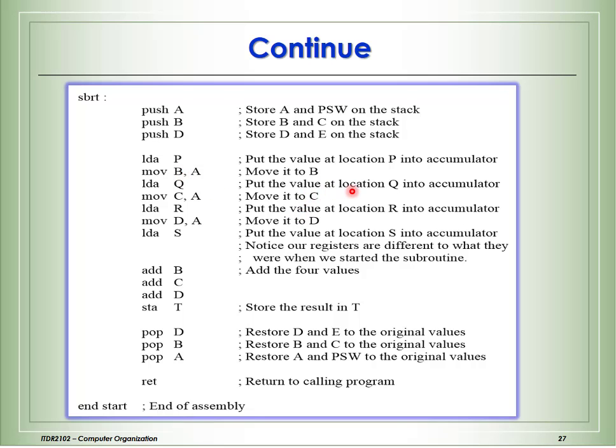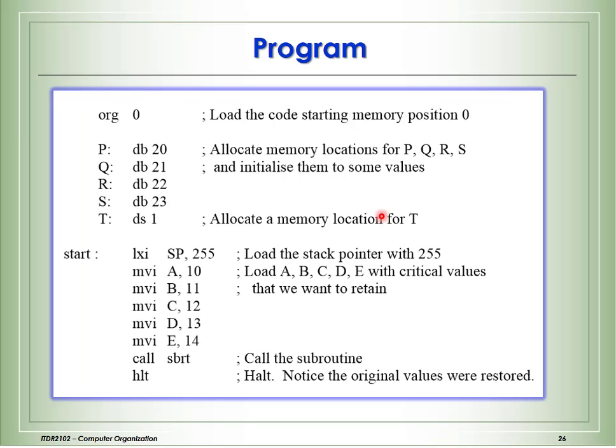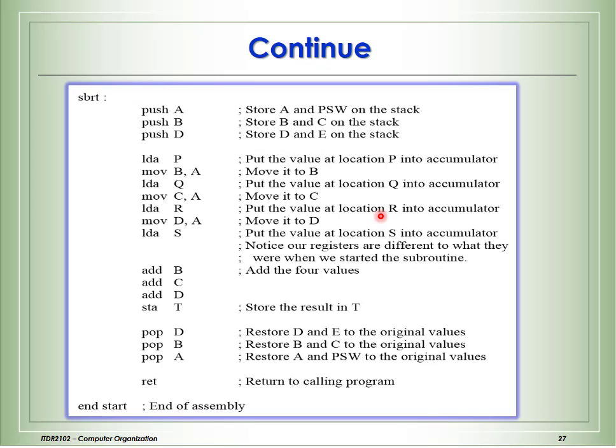Same here: from Q into the accumulator and then move to C. Same here at location R. The value at location R is 22, and it will load into C from the accumulator A. Same here, R and D: the value moves from the accumulator to D. Now same for S.